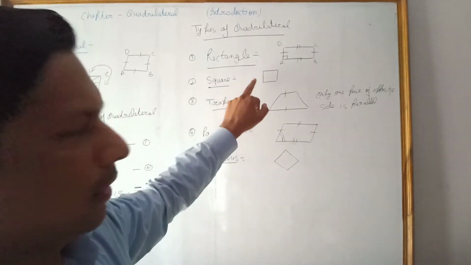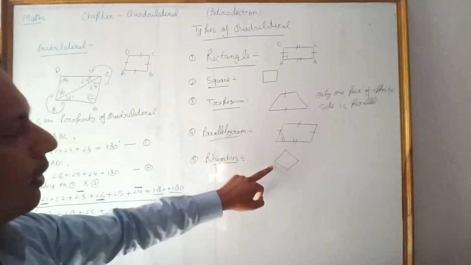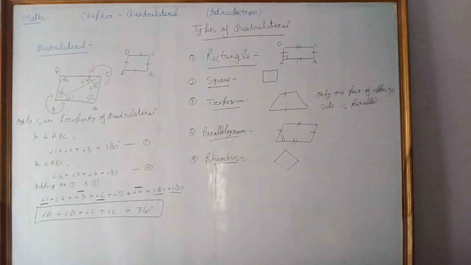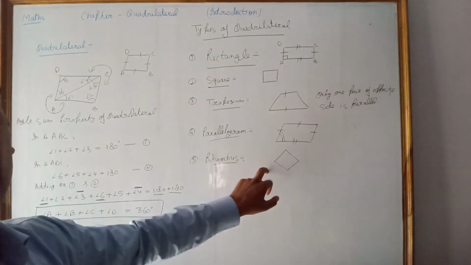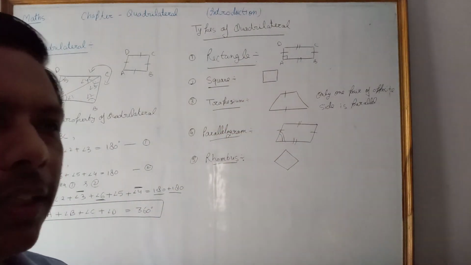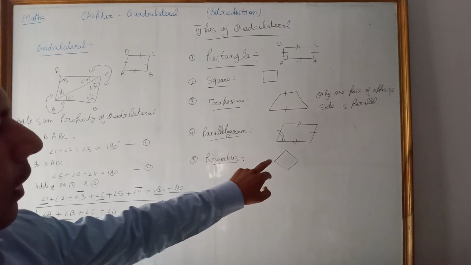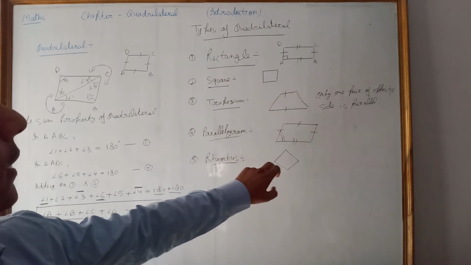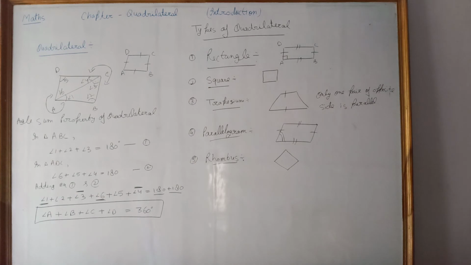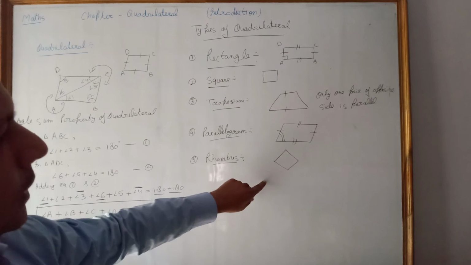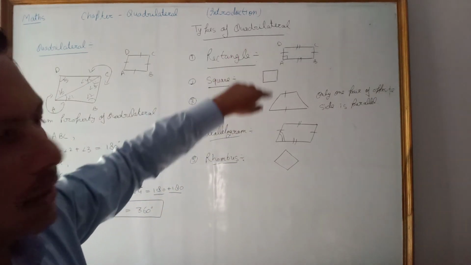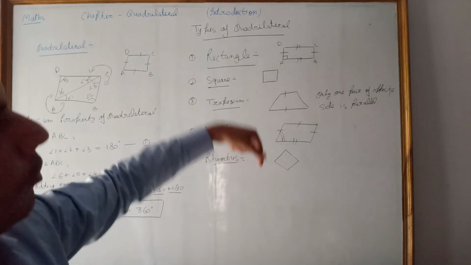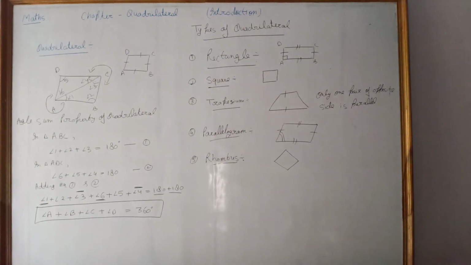In that one also the four sides are equal, but the difference is that in a square the angle is 90 degrees, while here the angle is not 90 degrees. If any angle of a rhombus becomes 90 degrees, then it is a square. So all squares are rhombuses, but all rhombuses are not squares. Similarly, all rectangles are parallelograms, but all parallelograms are not rectangles.